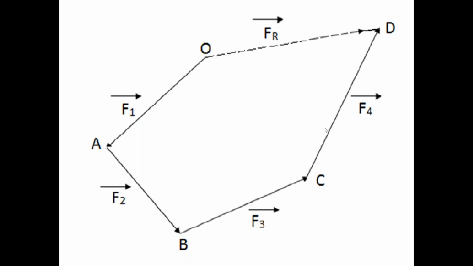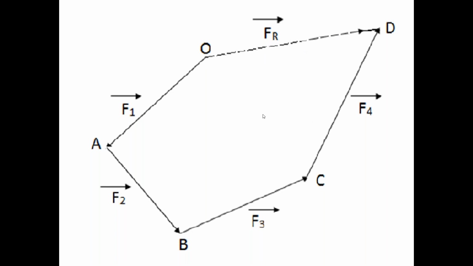In that open polygon, what is the closing side of the polygon? From the starting point O to the ending point D. This is called the closing side of the polygon, OD.